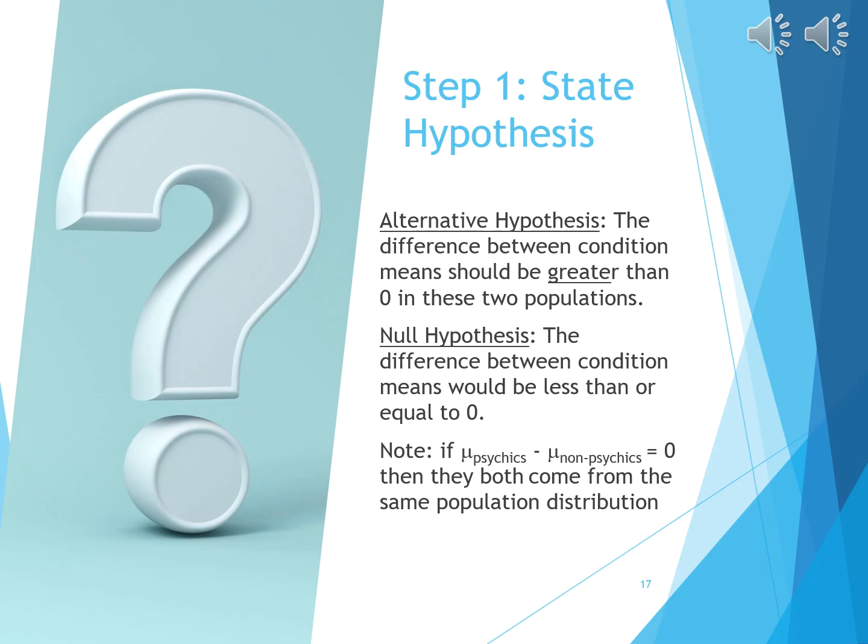So this is saying that if we see that the mean accuracy for both groups is almost the same, and therefore the difference is zero or not significantly different from zero, then they probably actually don't come from different populations. So hopefully that makes sense.